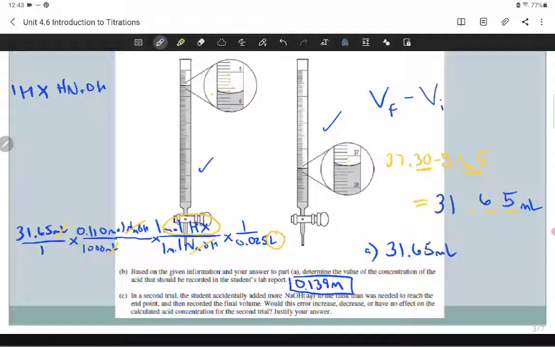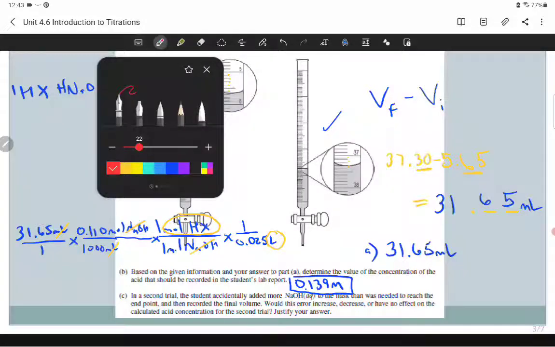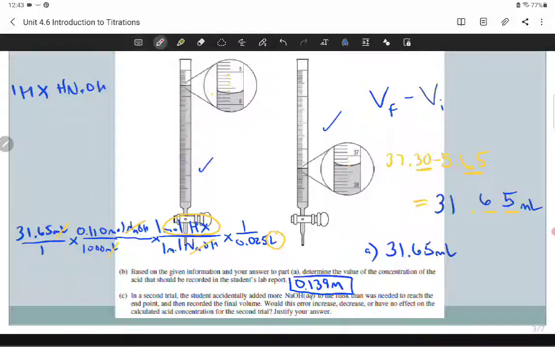Part C, student accidentally adds more sodium hydroxide to the flask than was needed. So let's take a look where that would have impacted my math that I just did. Where is the volume of sodium hydroxide? It's this number right here. And it says that we added too much.